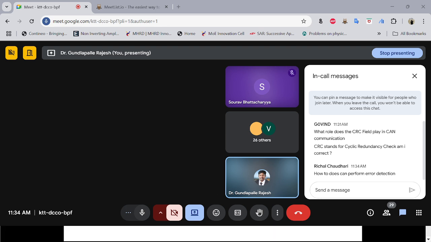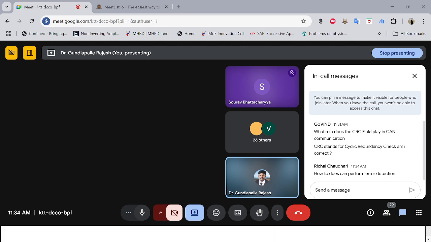So hope my screen is visible now. Yes, sir. So this is a reference we have taken, because it shows the implementation of this CAN protocol in the automotive industry, right?